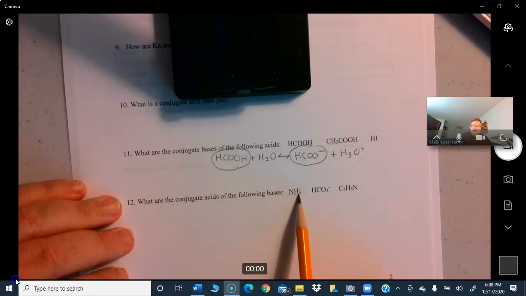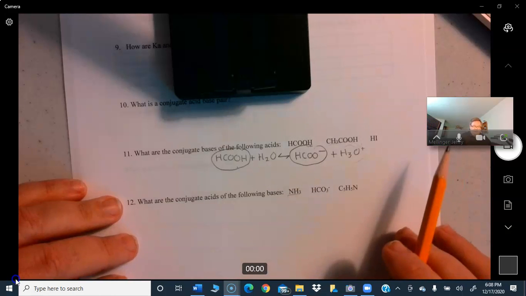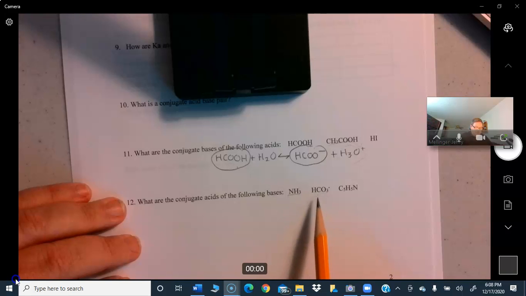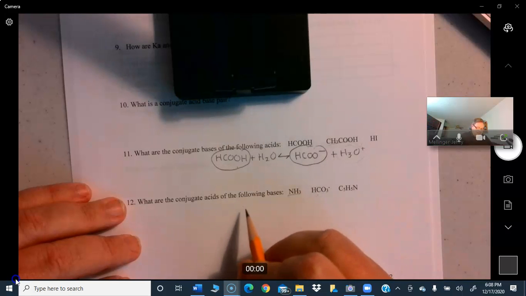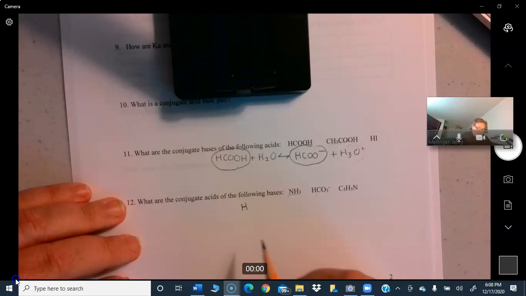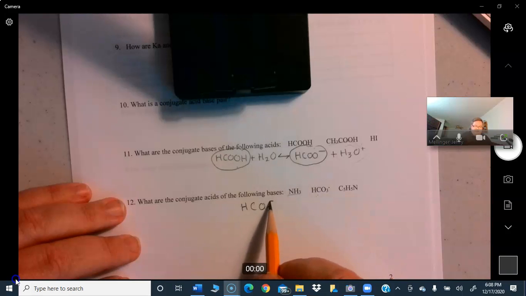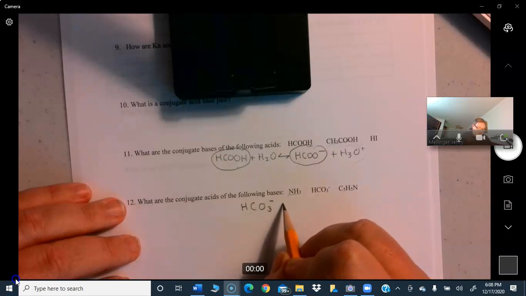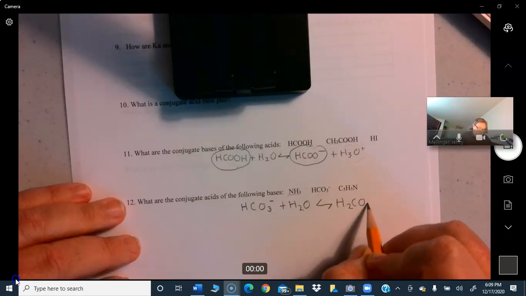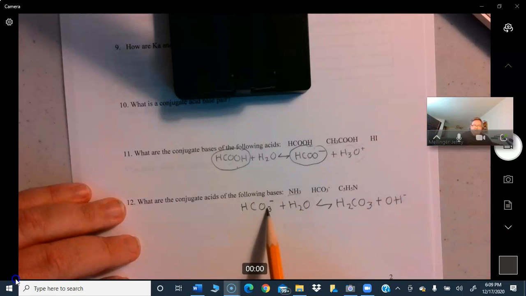Okay. Down here, I'll do a couple of these. NH3, you'll actually see in the video of the solution of one of the problems. We'll go ahead and take this one. So this is a base. It's a negative ion that's going to attract a proton. Okay, so this attracts a proton from the water, and therefore it has two H's when it does that. There it is.